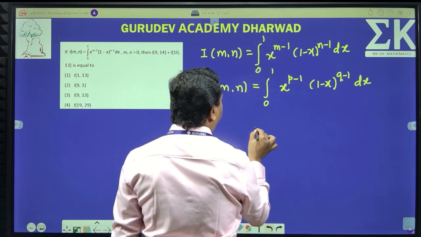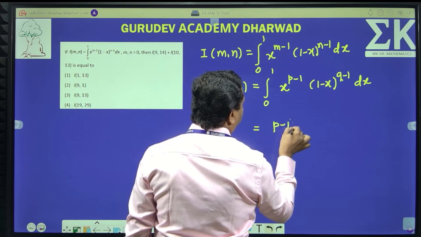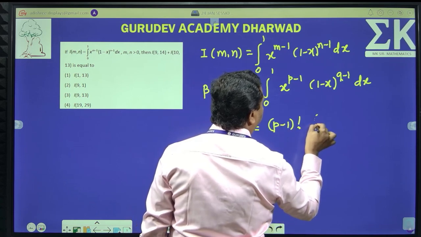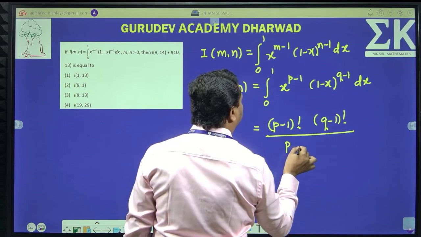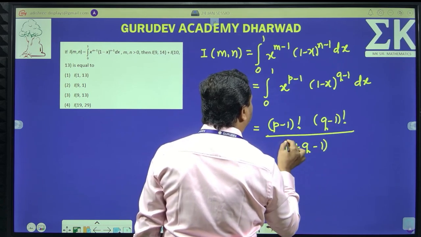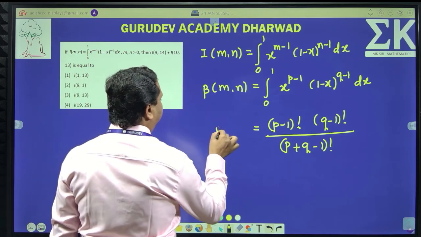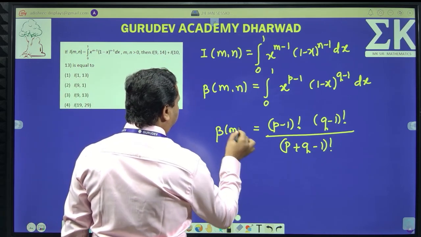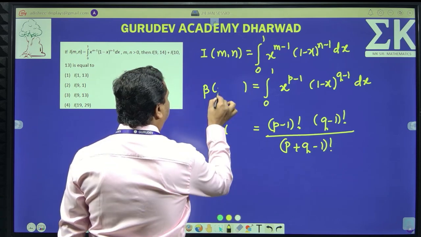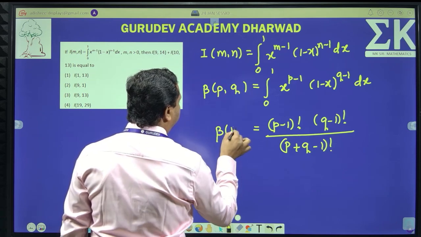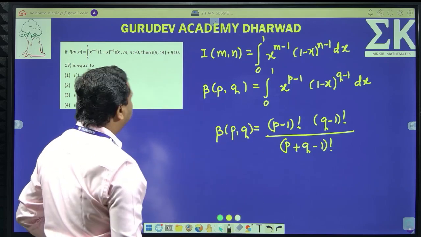So what we get here is directly p minus 1 factorial into q minus 1 factorial, divided by p plus q minus 1 factorial. This is the one line answer for the beta functions. Please take care of this notation, I'll just change it to p comma q. Please notice this is very, very important. Now you have to substitute the values.